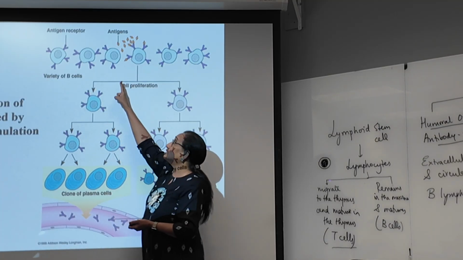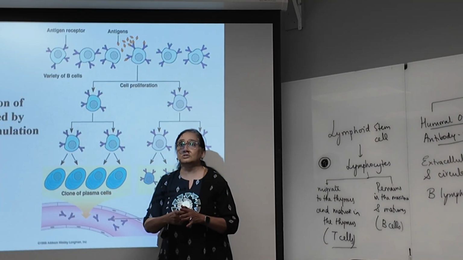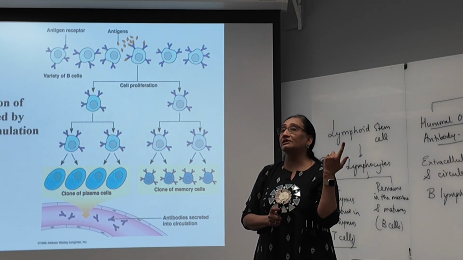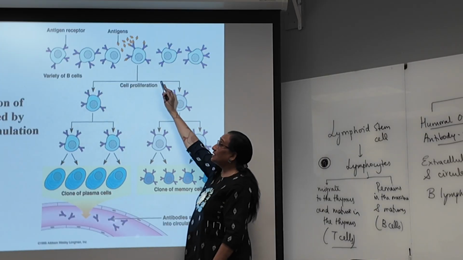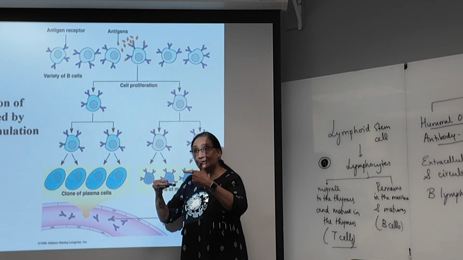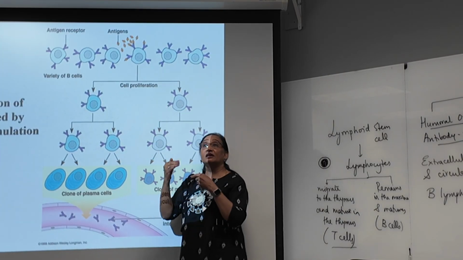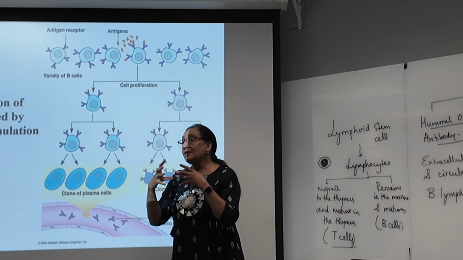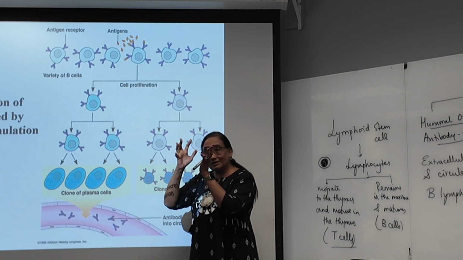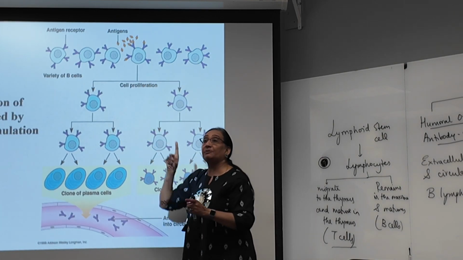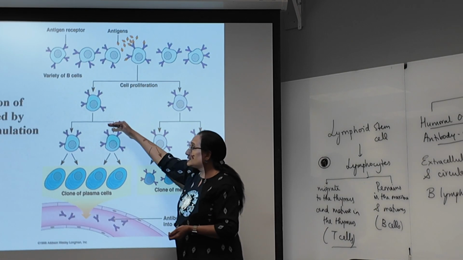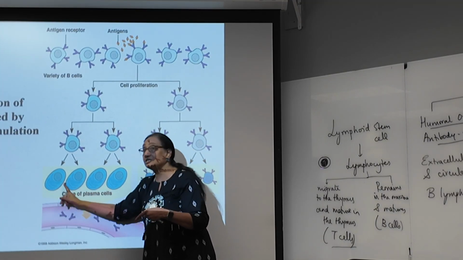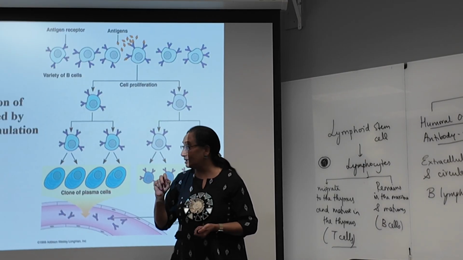There's no point in causing multiplication of all the other clones because they are not going to help with destroying the antigen. So this particular cell multiplies and more numbers of this B cell come up, and as they multiply, one group of those cloned B cells will differentiate into a larger cell called a plasma cell.